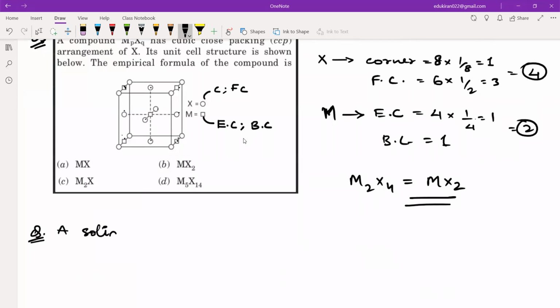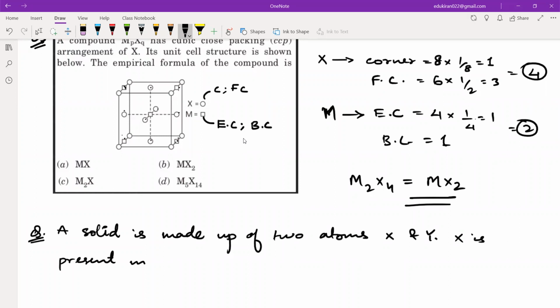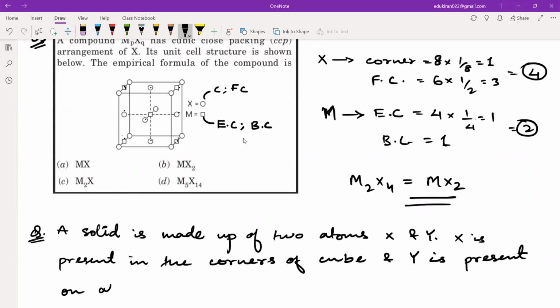A solid is made up of two atoms, X and Y. X is present in the corners of a cube, and Y is present on alternate face centers.